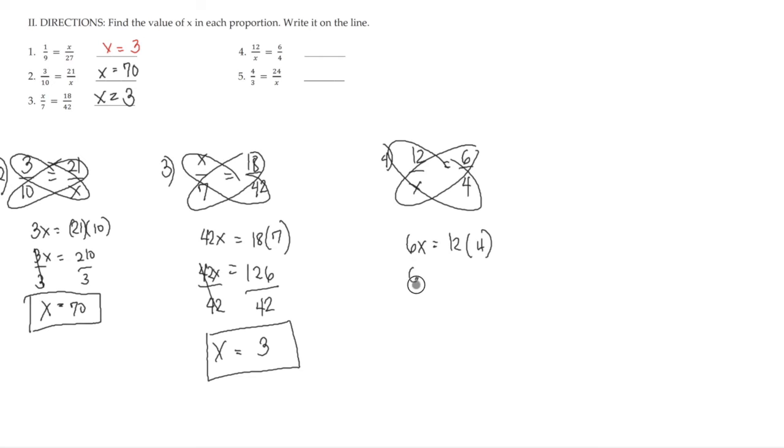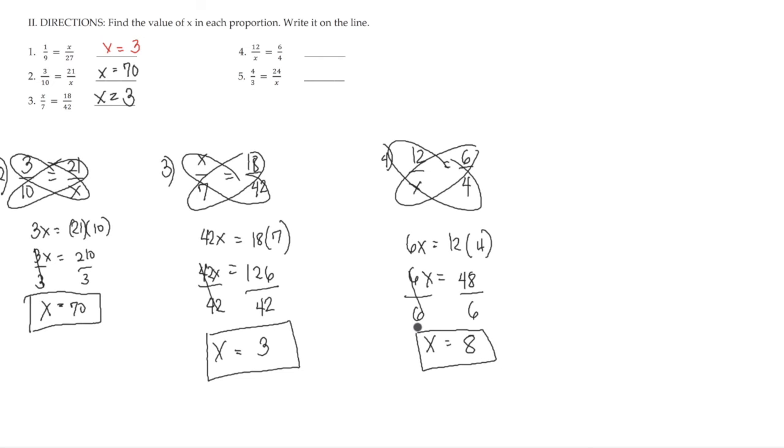So, we have 6x, 12 times 4 is, what is 12 times 4? This is 48. So, we have 48 divided by 6. So, again, if we divide 48 and 6, we have 8.